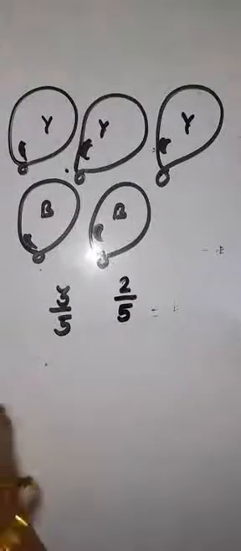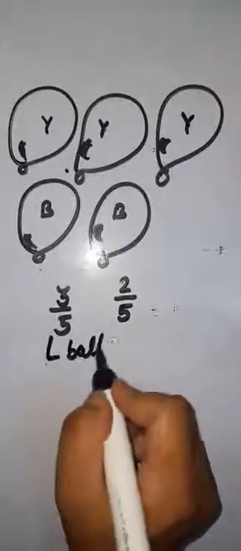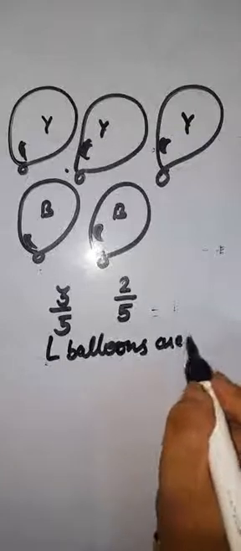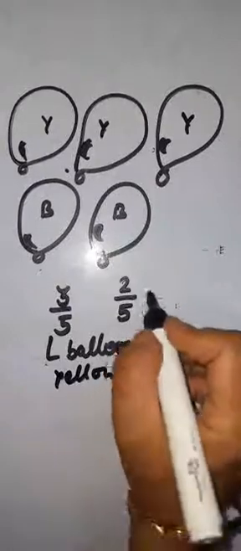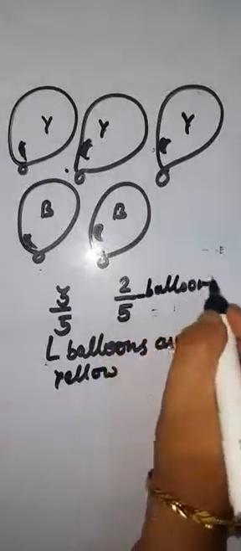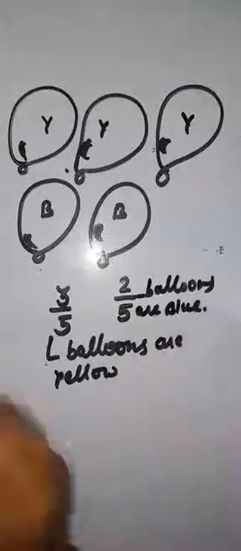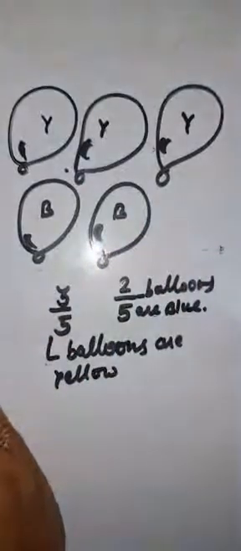All right, so 3 out of 5 balloons are yellow and 2 out of 5 balloons are blue. Okay, in this way we can represent a fraction or we can say that a fraction part of a collection. All right, children.